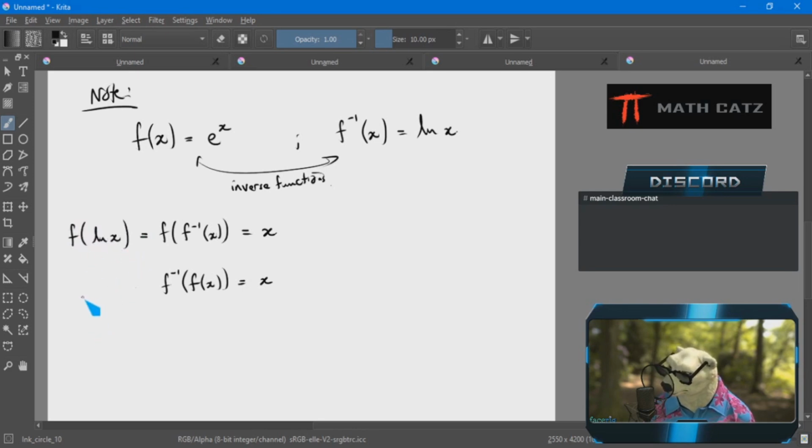Actually, let's update it over here. f is e to the something, whatever the input is, it's e to that. Now the input is natural log, so it's e to the natural log of x. So e to the natural log of x equals x.